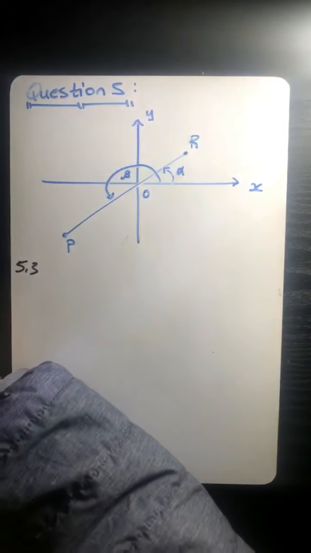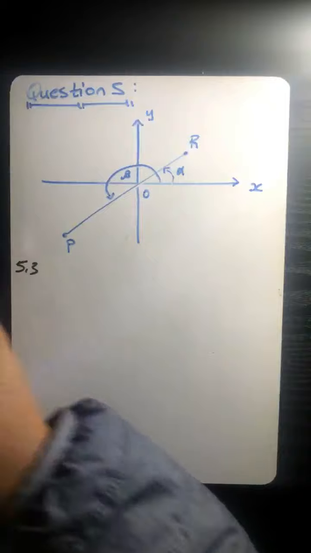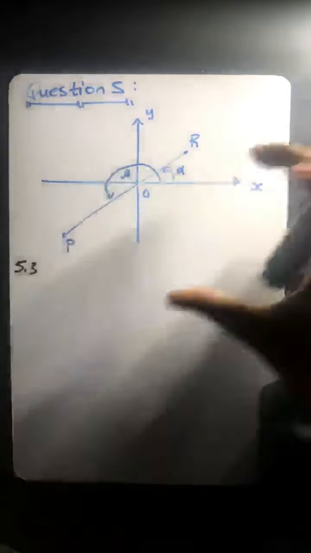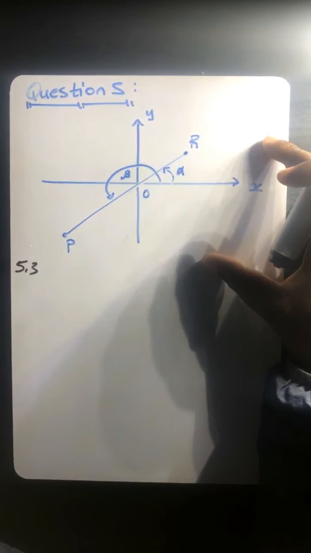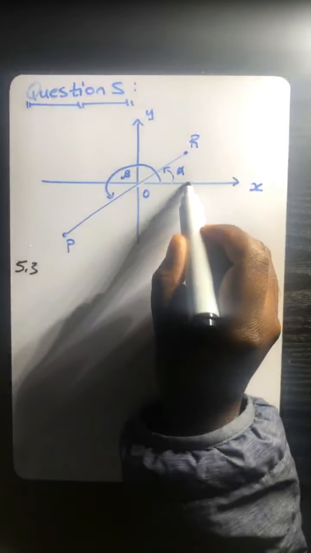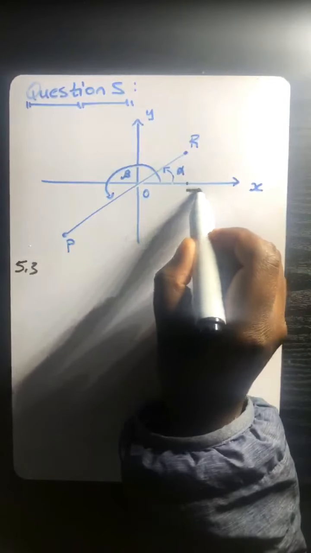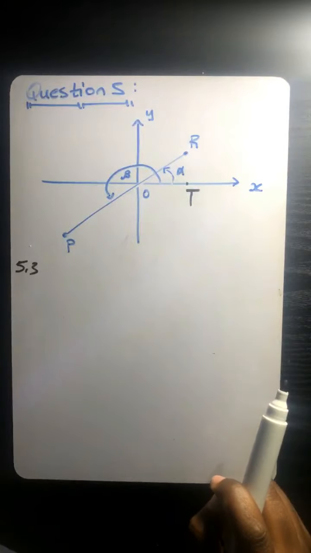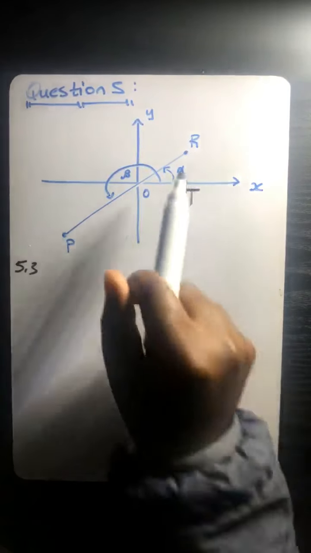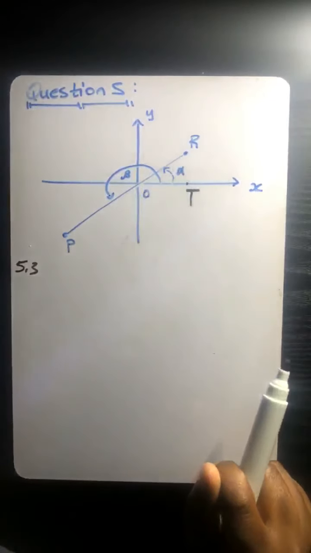The statement reads as follows: in the diagram below, R is a point in the first quadrant such that angle TOR is equal to alpha. I think on my drawing I missed a point called point T. What this statement is saying is that point R is in the first quadrant, and we can see point R there.